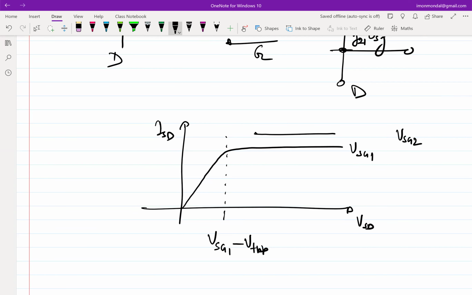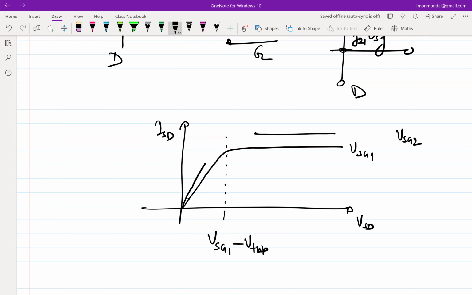What about in the linear region? Should it follow the same plot as for VSG1, or will it be increasing or decreasing? It will be increasing. So this will go like this.